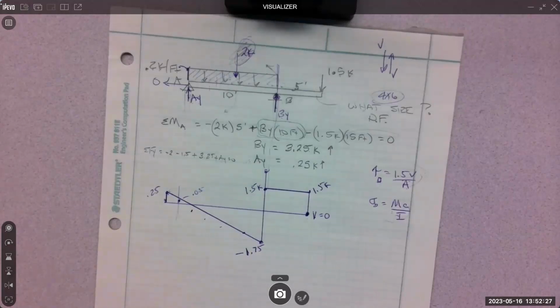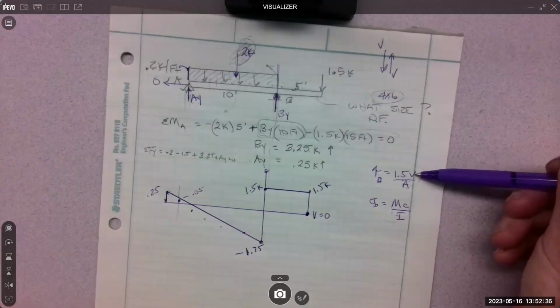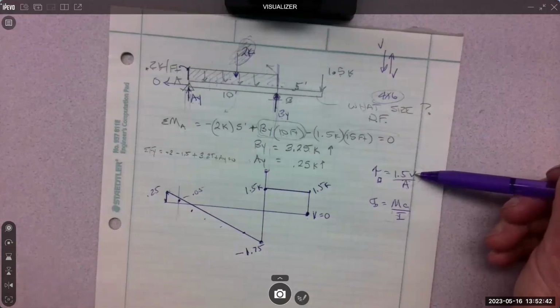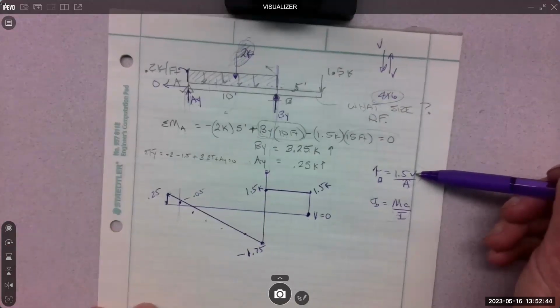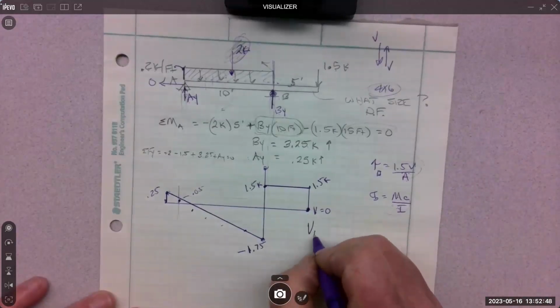So what we need to know for this is the maximum shear. The maximum shear is just the greatest value on the graph. Not the combination of values, but the largest value. Doesn't matter if it's plus or minus. So what's the largest value on the graph?